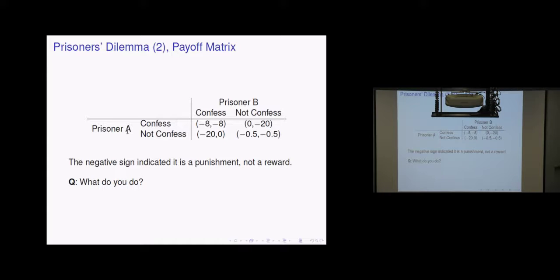Now for player B, he looks at the columns. The exact same situation happens because it's symmetric, so B will choose the dominant column, which is this one. In the end, they will choose confess, confess. Because of the dominance, obviously, this is a Nash equilibrium, because if you move away, you get worse.